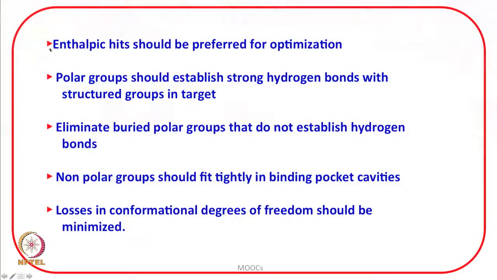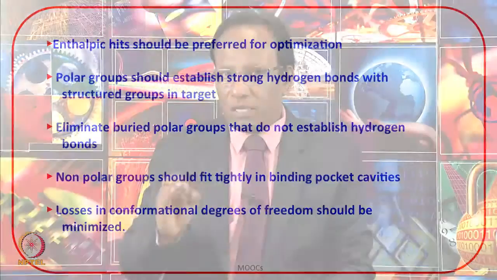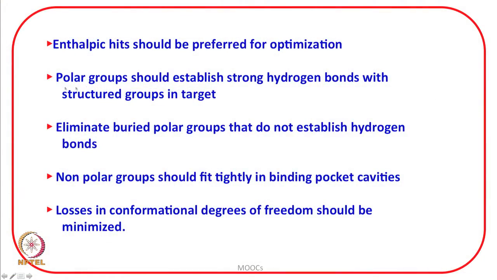Let us take a look at some of such guidelines, which are: enthalpic hits should be preferred for optimization. This is what our discussion has led to, that enthalpic hits means more exothermicity in the binding, and that more exothermic binding can be achieved by introducing polar groups which should establish strong hydrogen bond with the structured groups in the target.